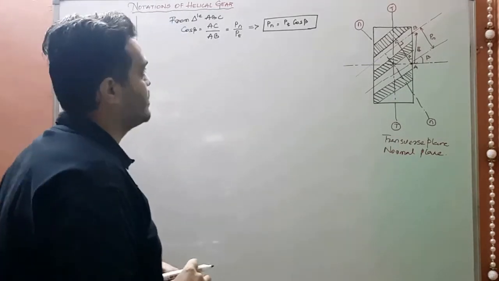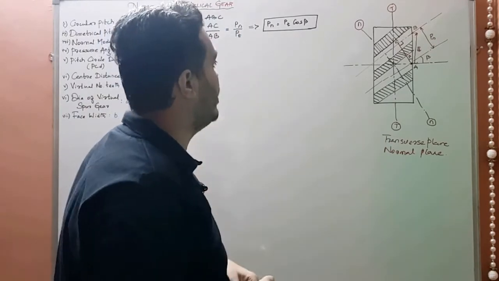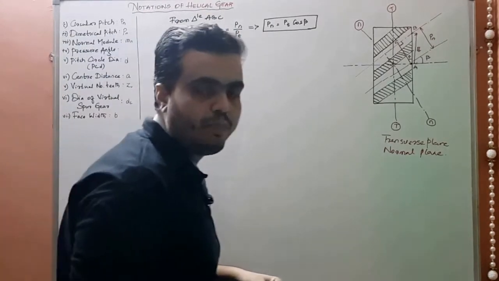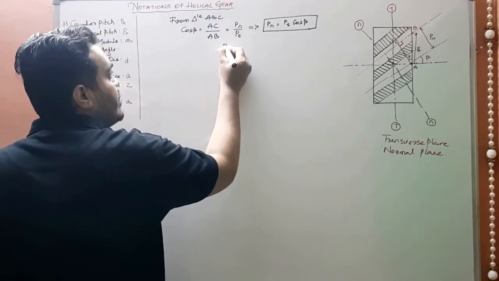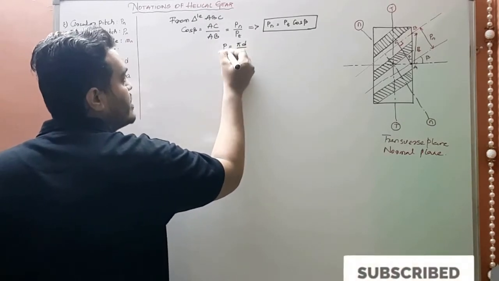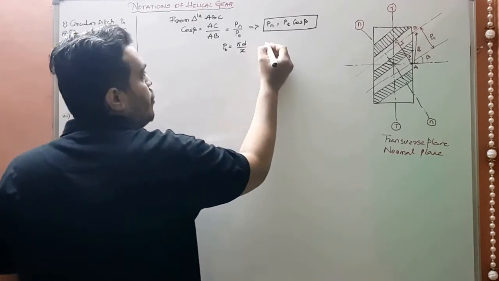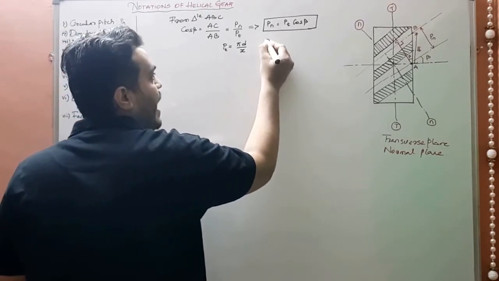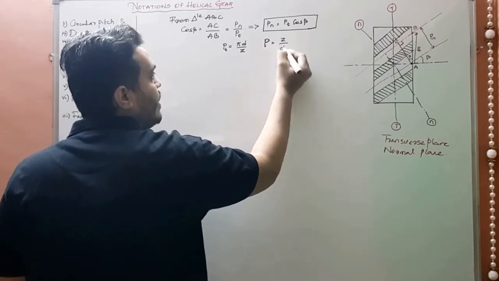Okay, so next we need to find out the diametrical pitch. This is the circular pitch. To find the diametrical pitch, we have the equation p is equal to pi d by z. This is nothing but PT, so this is small p, and we have capital P, this is the diametrical pitch, which is z by d, right?